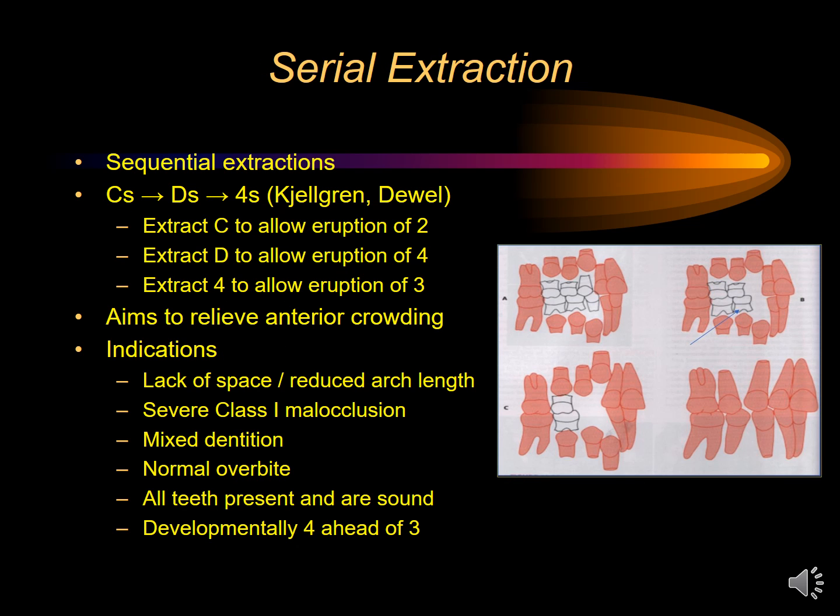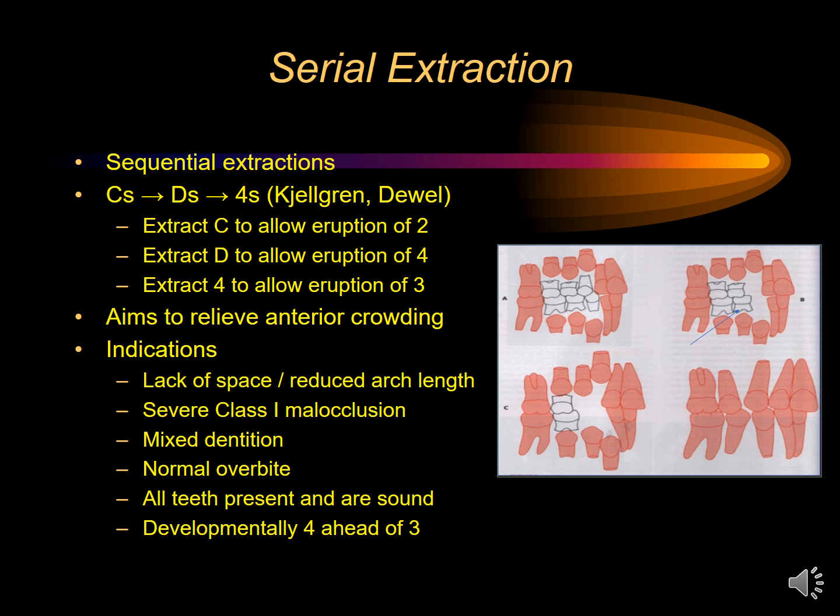Okay, let's look at serial extractions. Serial extractions are sequential extractions done to relieve crowding. This was first introduced by Kjellgren, and it was later modified by Dewel, which is the CD4 technique.